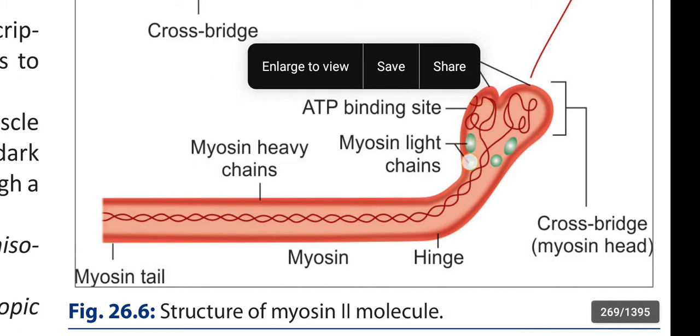Of these two, one light chain is regulatory and the other is alkali. Of the 2 heavy chains, one chain enters one head and the other chain enters the other head. This is the 1 heavy chain and these are the 2 light chains. One is regulatory, one is alkali.